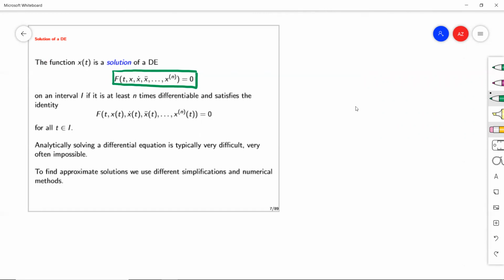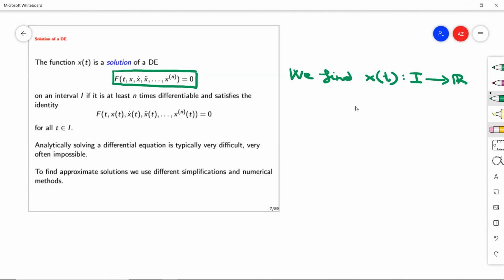So what does it mean to solve such a DE? We have t as an independent variable and x as a dependent one. So to solve such a DE means that we find x of t. This is some function from some interval where we are searching for the solution into real numbers.